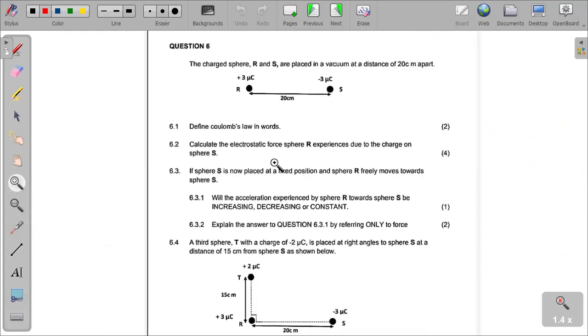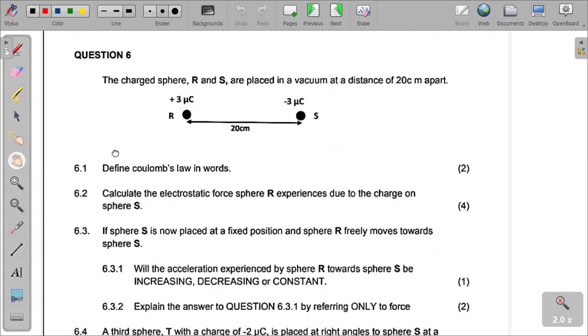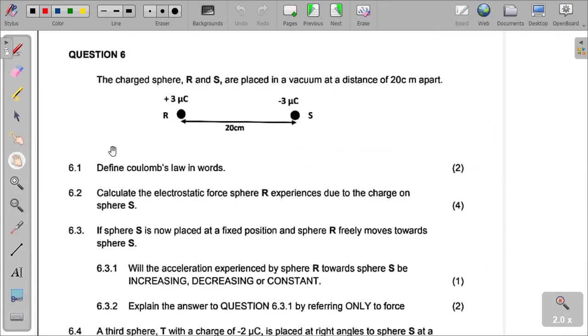Question number 6 is saying charged spheres R and S are placed in a vacuum at a distance 20 centimeters apart. Define Coulomb's law. That's the first question we are having there.